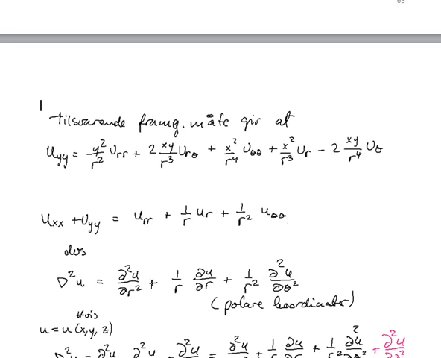So this is the Laplace operator in polar coordinates.